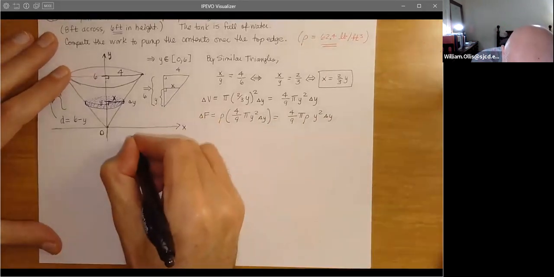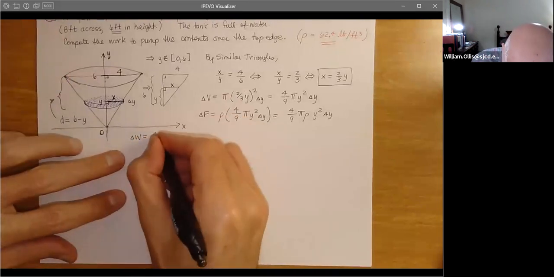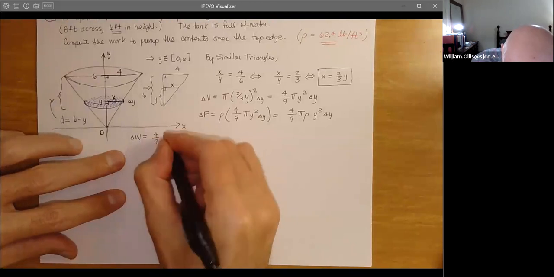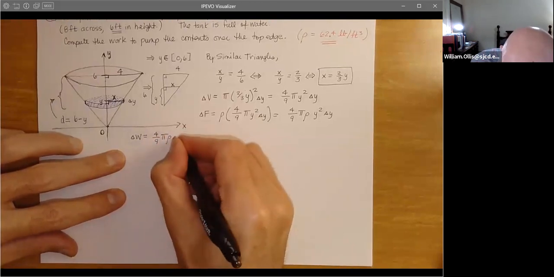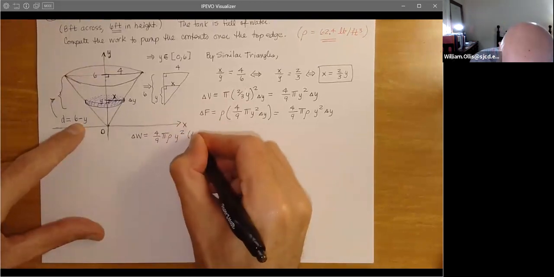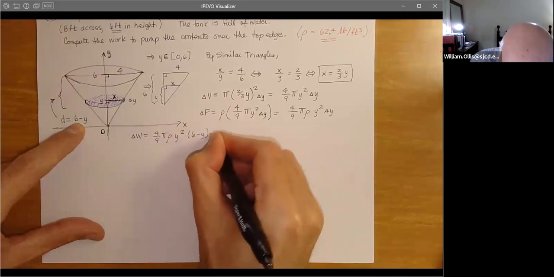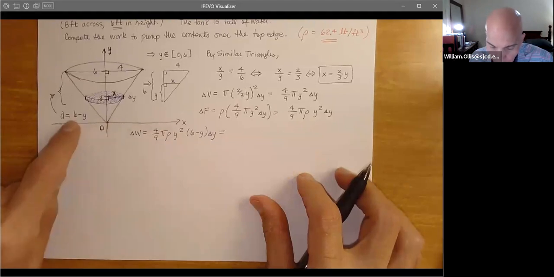So now the work will simply be the force over the distance. So we get 4/9 pi rho y squared. I'll go ahead and squeeze in the distance, 6 minus y delta y. So again, we have force over the distance.